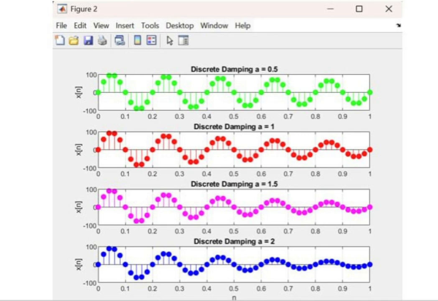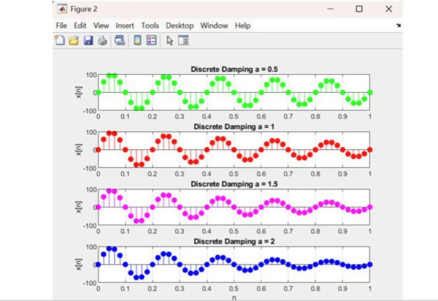For the parameters, amplitude is 100, angular frequency is 10 pi, and phase shift is 0. The damping values tested are 0.5, 1, 1.5, and 2.